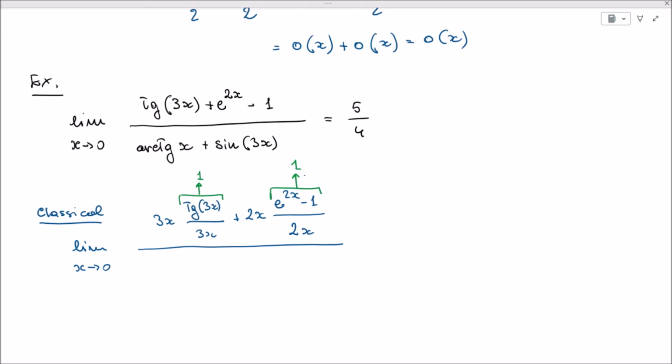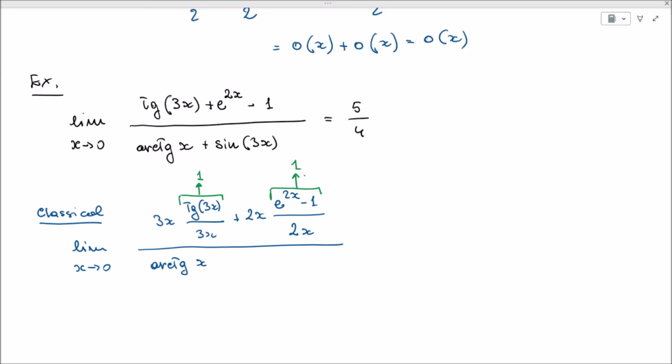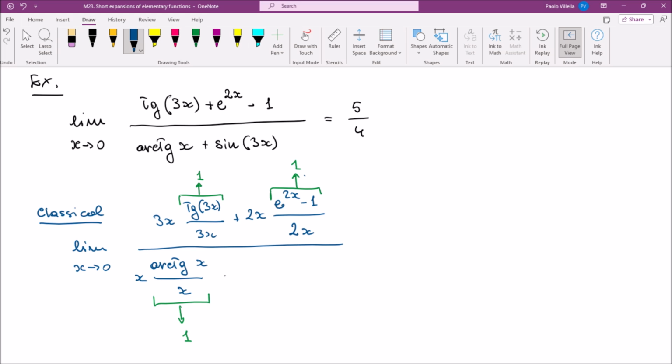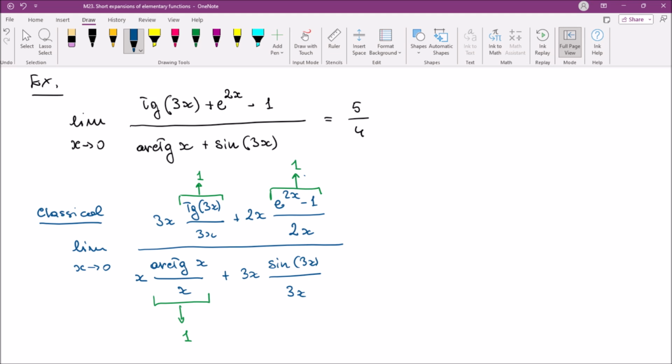Good. So let's go to the denominator now, and we have arc tangent of x. Again, we multiply by x and divide by x, and we have another fundamental limit that will go to 1, and then we have plus sine of 3x, which we can divide by 3x and multiply by 3x. So once again, these will go to 1.